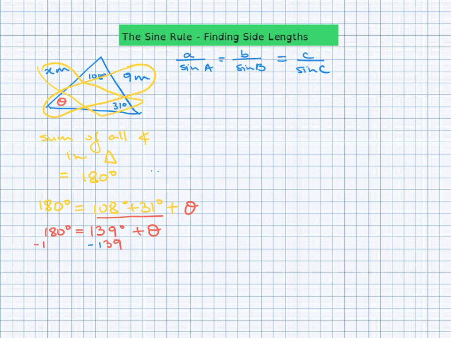And this is gone. So theta, our angle, is equal to 41 degrees.